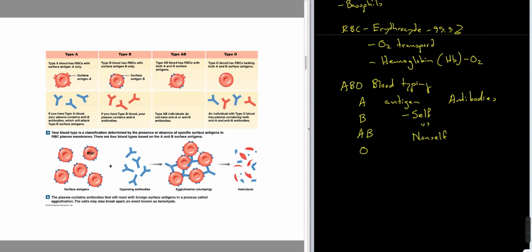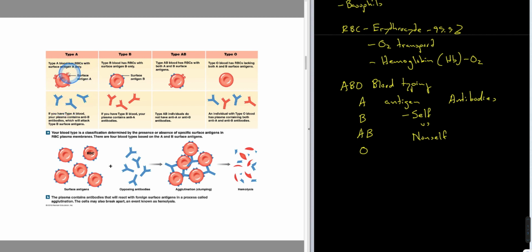So if you are an A blood, you have A antigen. If you're B blood, you have the B antigen. If you're A and B, you have both A antigen and B antigen. And if you're O, you have no antigen. What that means is your blood plasma will carry inside of it antibodies against the other antigen.